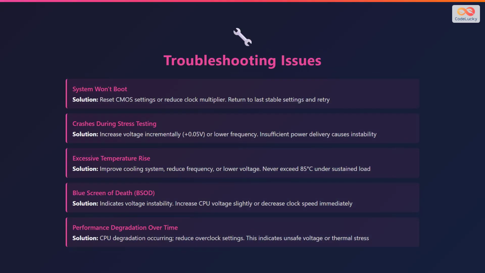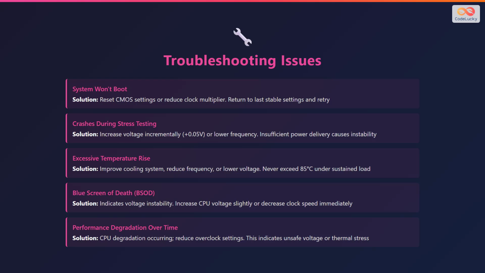If your system won't boot after overclocking, reset your CMOS settings or reduce the clock multiplier and return to your last stable configuration before retrying. When crashes occur during stress testing, increase voltage incrementally by 0.05 volts or reduce frequency, as insufficient power delivery causes instability. If temperatures rise excessively, improve your cooling system, reduce frequency, or lower voltage immediately, never exceeding 85 degrees Celsius.